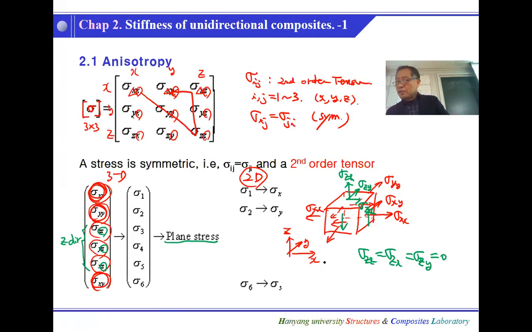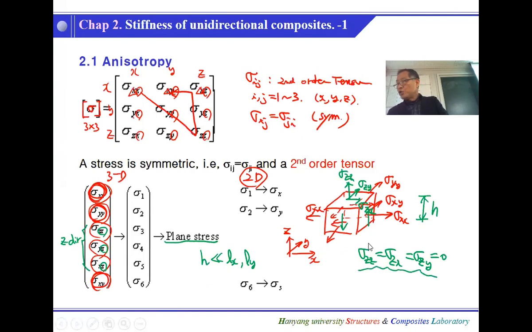The stress state can be plane stress when, for example, this is the thickness in the z direction. If h becomes very small compared to the x-dimensional length or y, then the stress in the z direction will be very small.